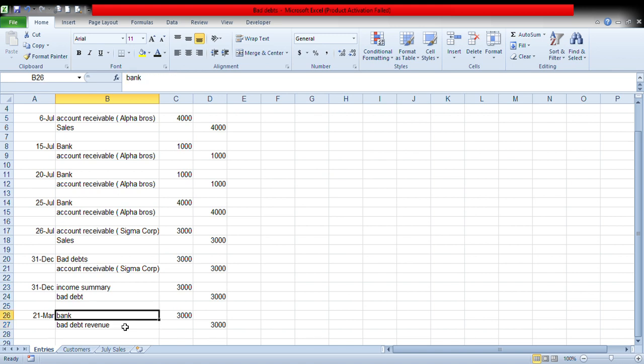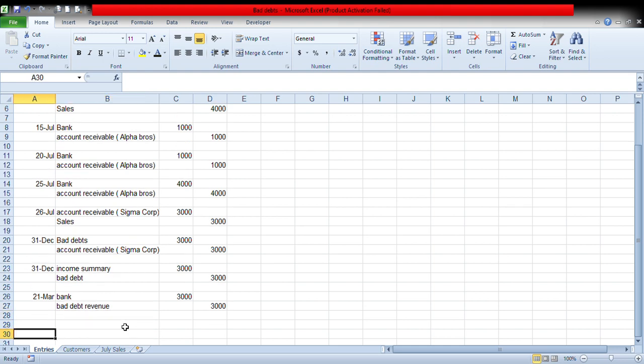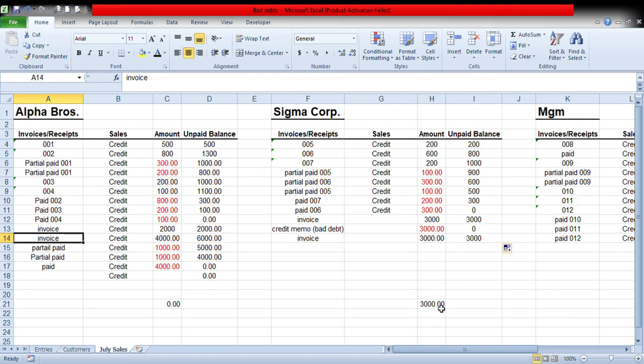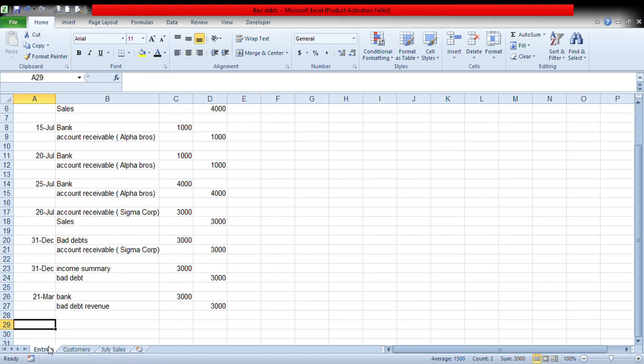So here bank debit, bad debt revenue credit, right, ladies and gentlemen? So you receive the cash. Now you receive the cash, which is paid debit. It's paid. So you need to do minus 3000. Now it will become again 3000.